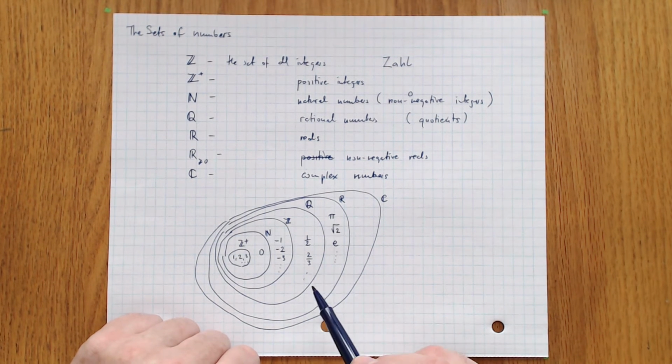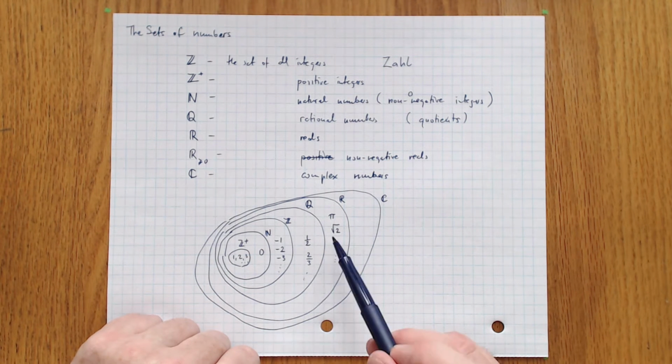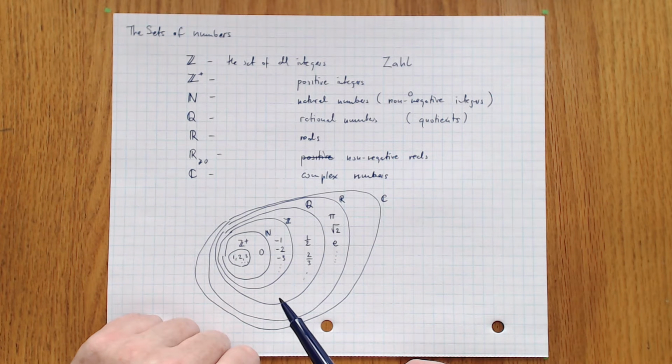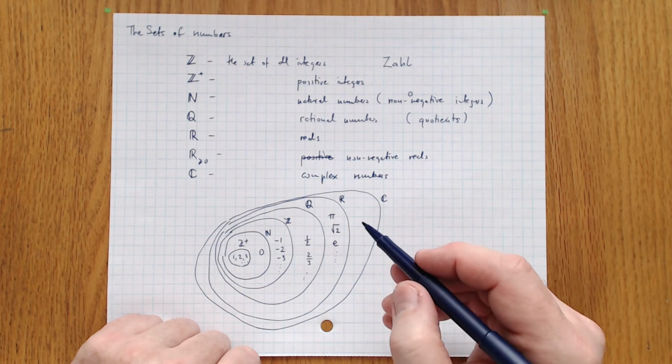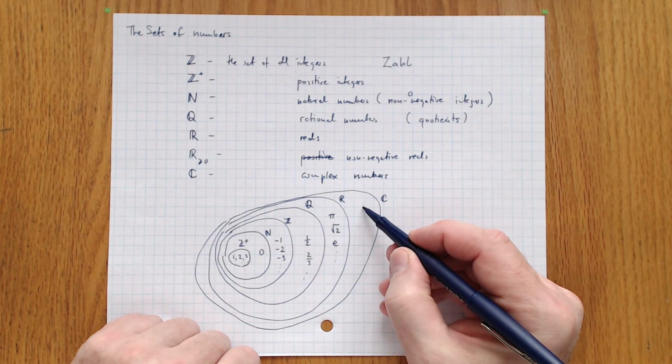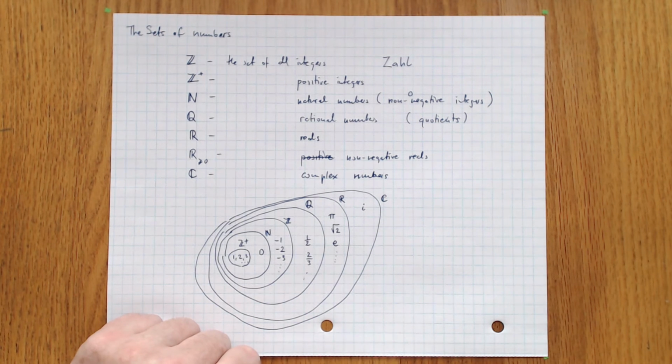These numbers are known not to be rational. However, they are real numbers. And you might have studied before complex numbers. The square root of -1 is denoted by i. This is one of the complex numbers.